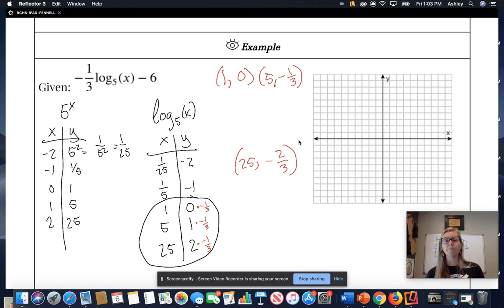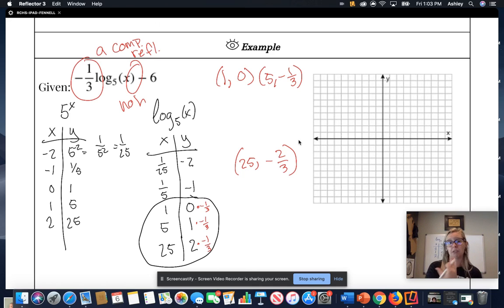Okay, so now I need to apply my h and k transformations. There is no h transformation. Let's just identify this is a, right? So it's going to compress and reflect our function.